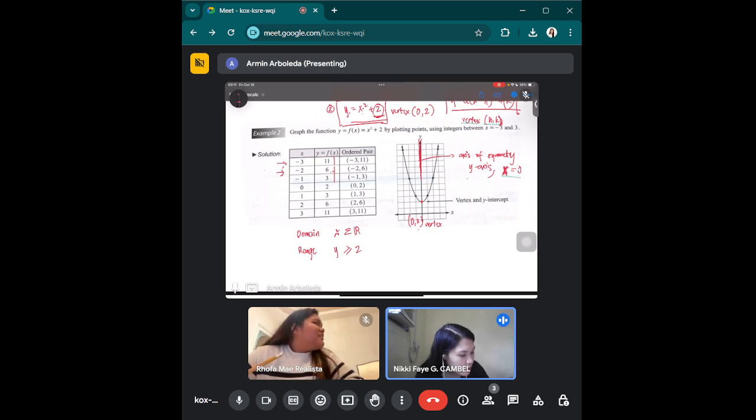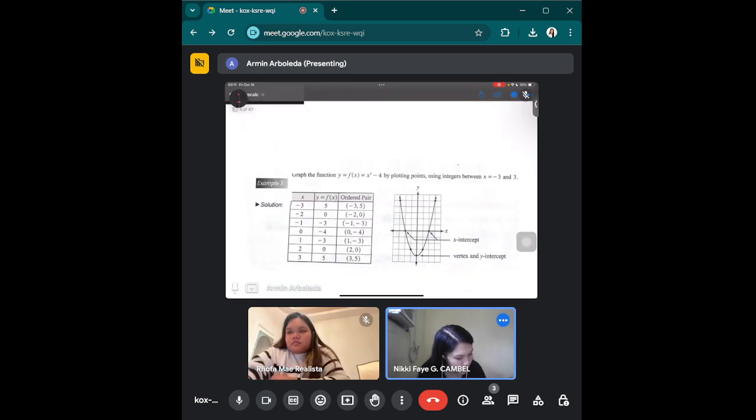If you have the y-axis, the equation is x equals 0. Do you understand why the equation is x equals 0? Okay. But if you have the x-axis, then the equation would be y equals 0. Okay? What's the next one?